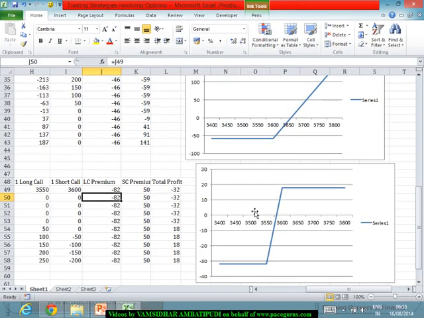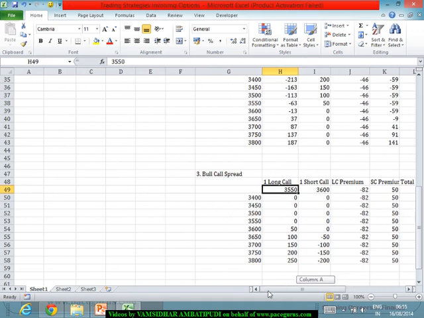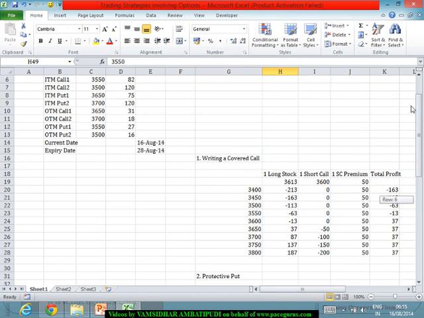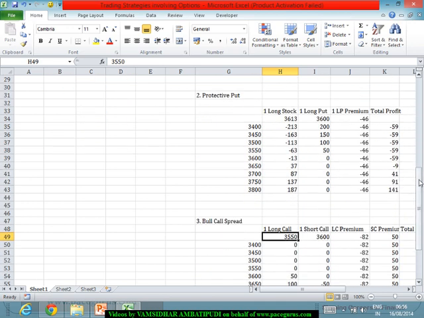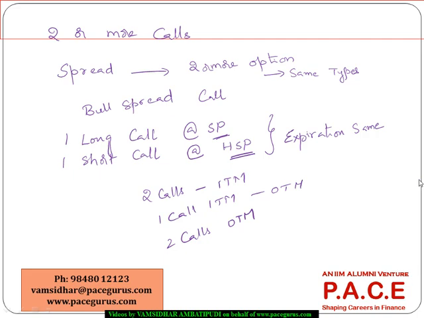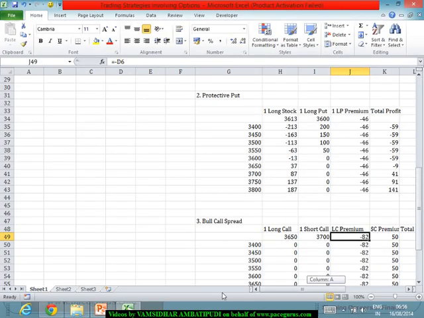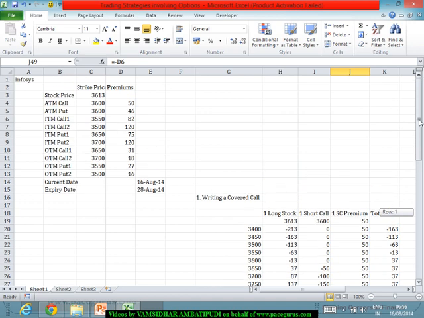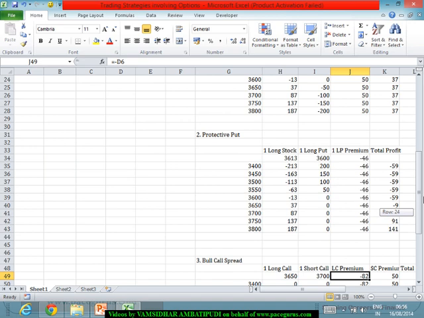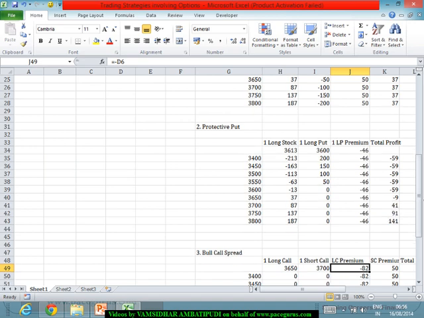Let me talk about the example where I am taking two calls out of the money. Let's see how the situation is going to move there. Both the calls are out of the money: 3650 call and 3700 call. The 3650 call is available to me at a premium of 31, and the 3700 call is available at 18.